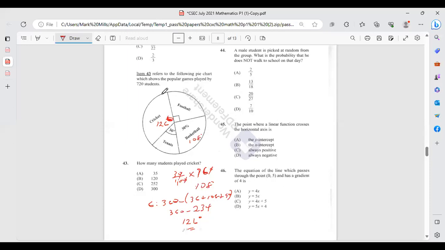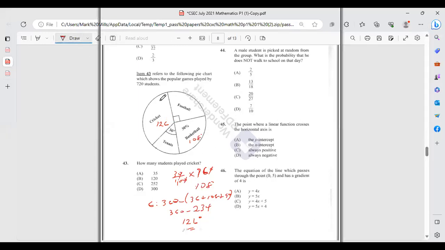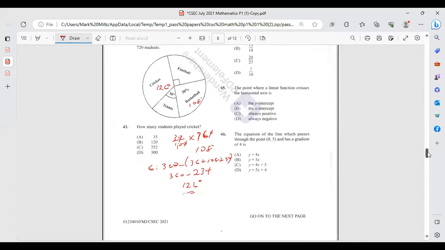You're going to subtract it by 180? No, try again. 126 over 360 times 720, sir. Thank you. Right. So the right thing to do here is 126 over 360 times 720.